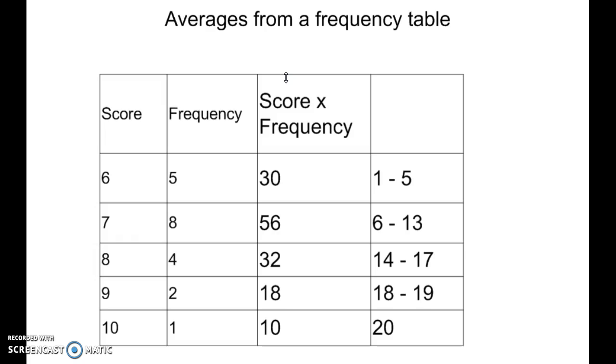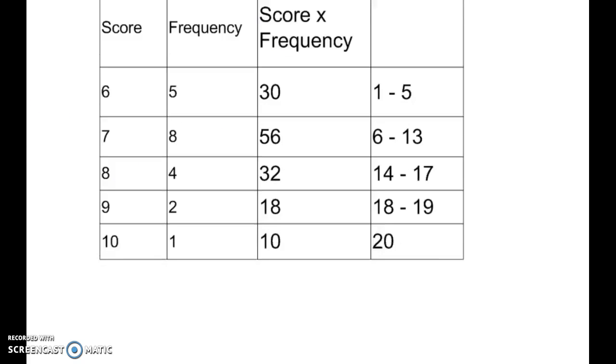So if you look down there, you can see multiplied score and frequency together. I'll explain that 4th column in a minute, but for now just focus on the 3rd column. I've multiplied the first 2 columns together, and so that represents the total number of marks scored for that particular row in the table.